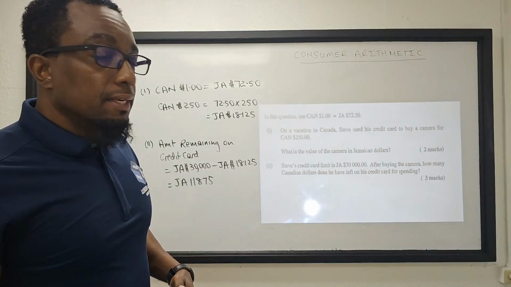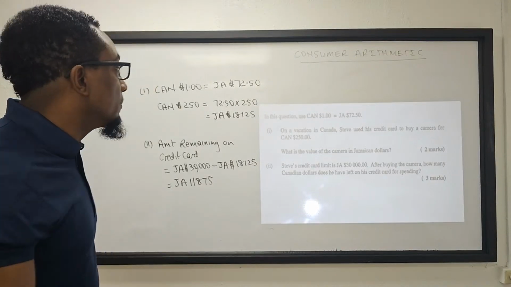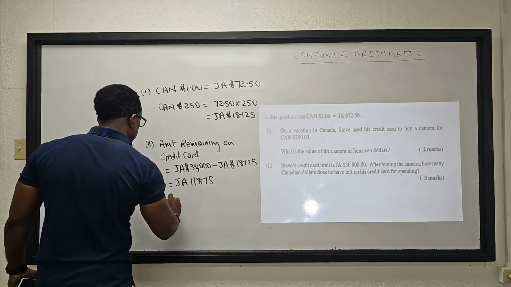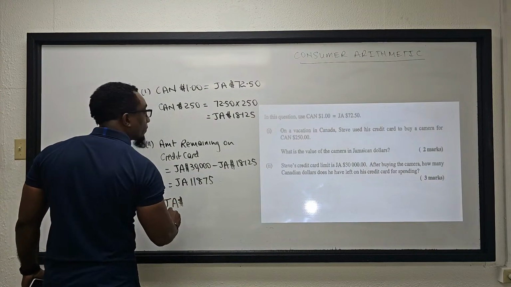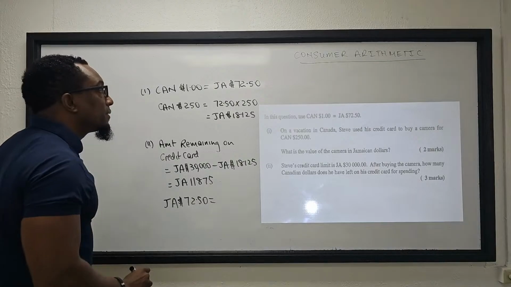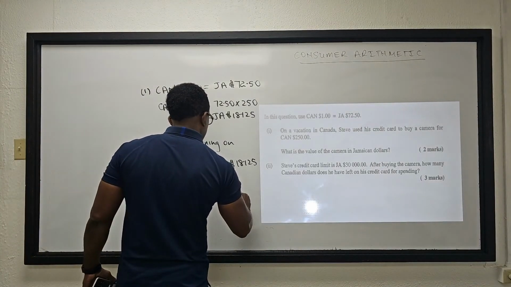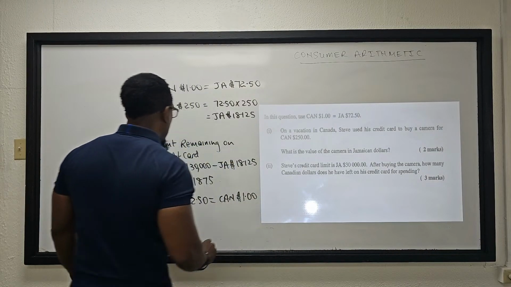and we have to convert to Canadian dollars. So what we have to convert to must be on the right of the relationship. So we're going to write here Jamaican $72.50 is equal to Canadian $1.